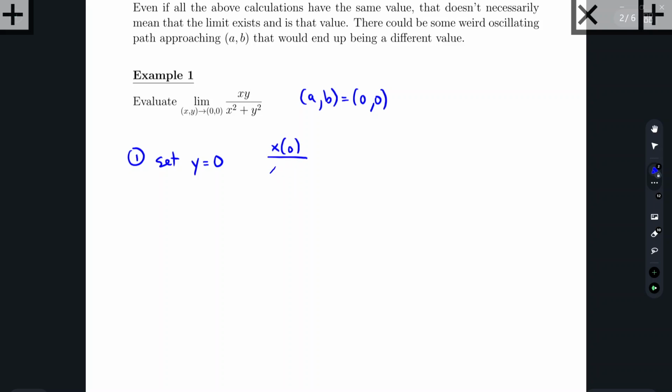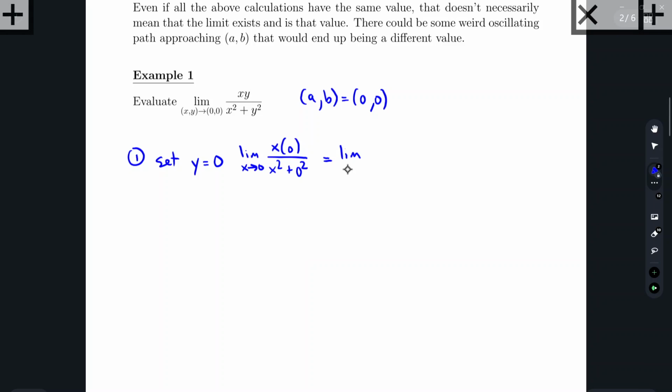It looks like this. Right, and so you see, once you set y equals 0, the resulting function only now contains x as a variable, right? So this now is just a single variable limit as x goes to 0 that we can calculate.